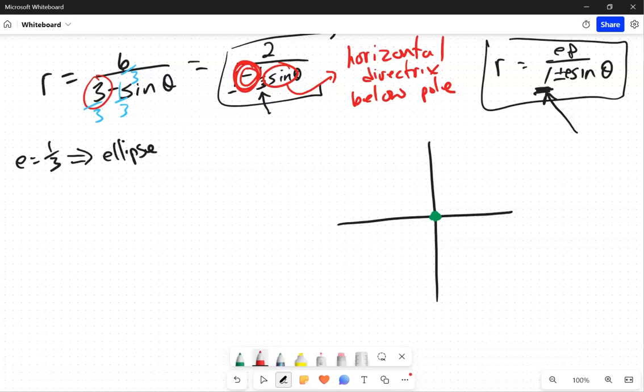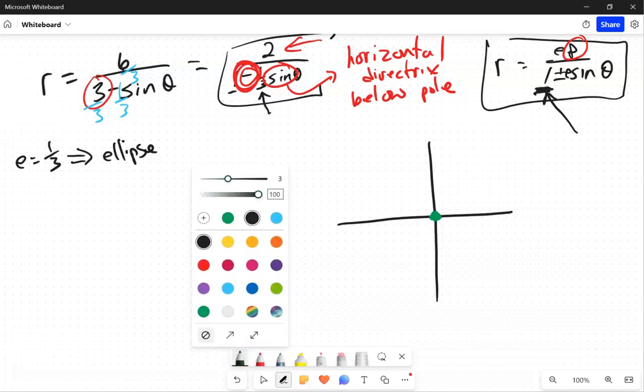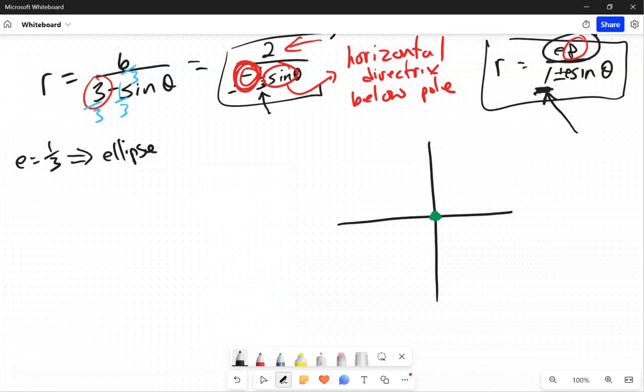Now to know how much below the pole, I need to consider the p-value. If you look at the top that we have here, our top is 2. And that 2 represents that top piece of my formula, which is EP. So the numerator, 2, is E times P. And I know that E is 1/3.